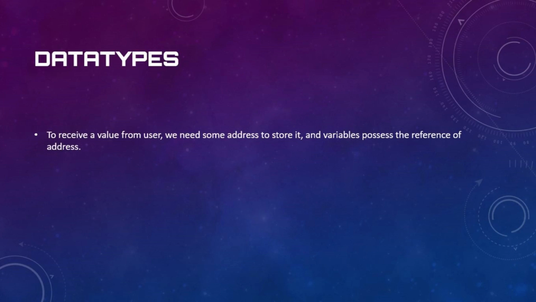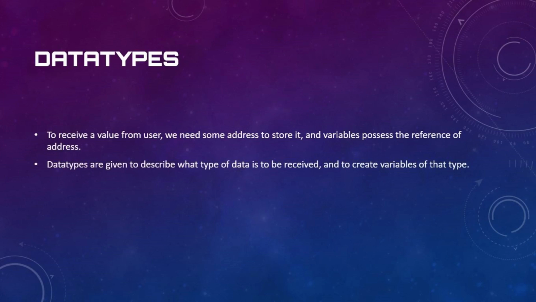A variable stores the address of the memory location in which our value is stored. Data types are given to describe what type of data is to be received and to create variables of that type. If I give an integer, a variable of integer type is going to be created. In the same way, we can create any type of variable with a particular data type.